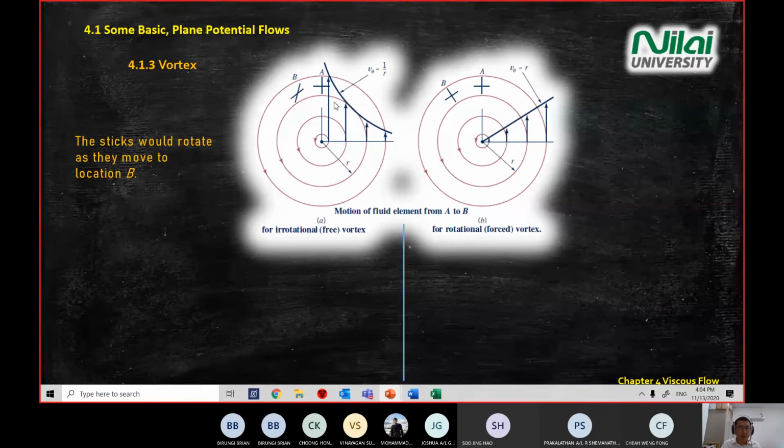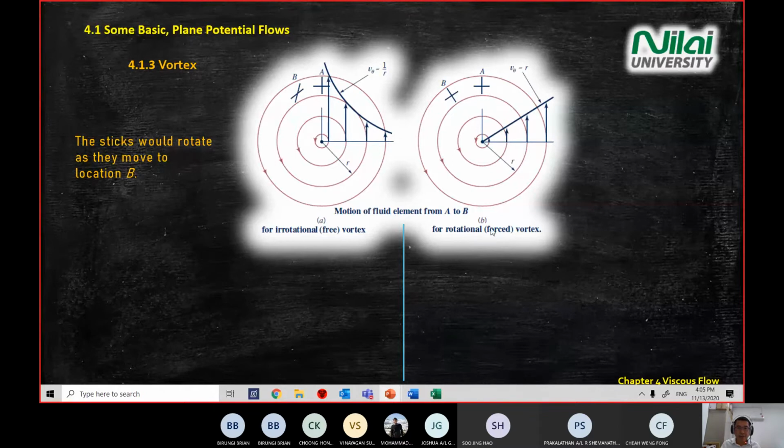Now, if you look at the diagram on the left, it is the free vortex. You will see the v theta component and the r component, the solid line. This solid line represents the relationship of v theta equal to k divided by r. So you get a curve like that if you have a free vortex.